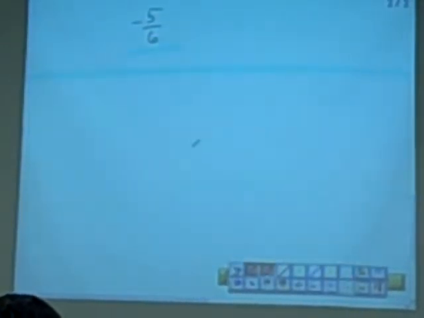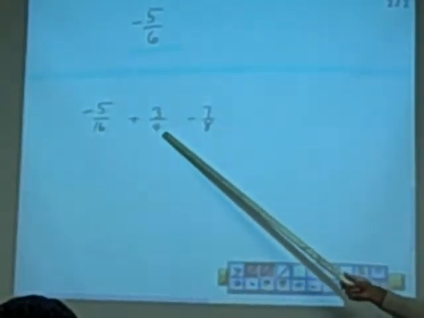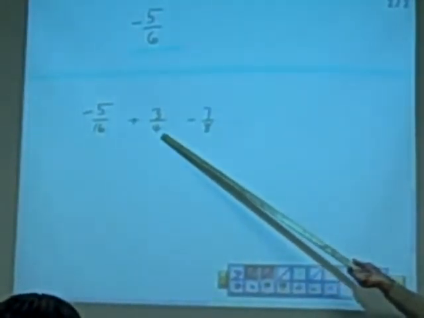Okay, here we have a negative 5 over 16 plus 3 over 4 minus 7 over 8. Let me move this over, give myself some room. Now, can we multiply something times 4 to give us 16?